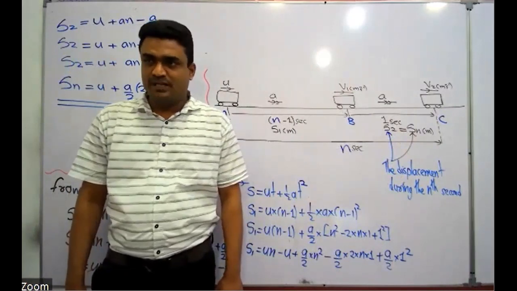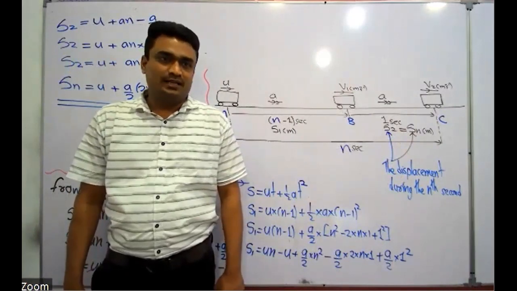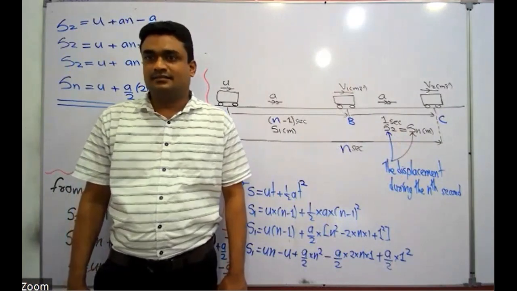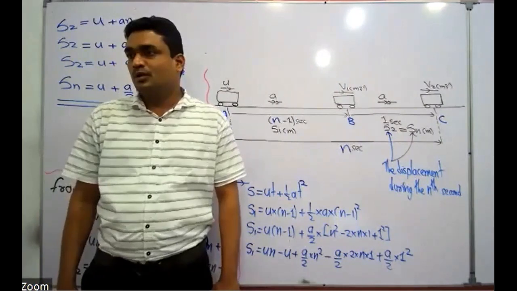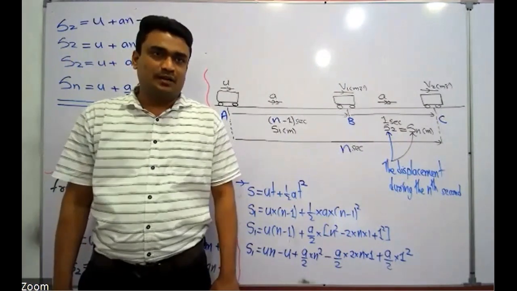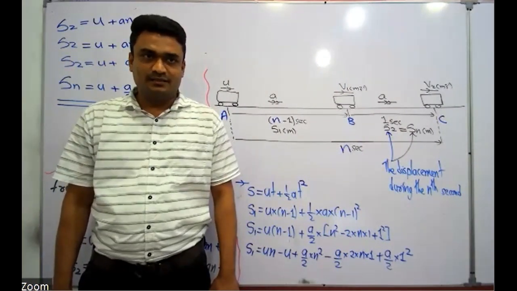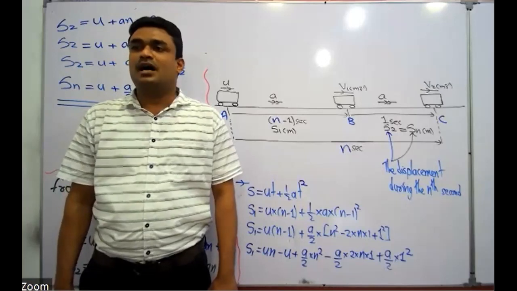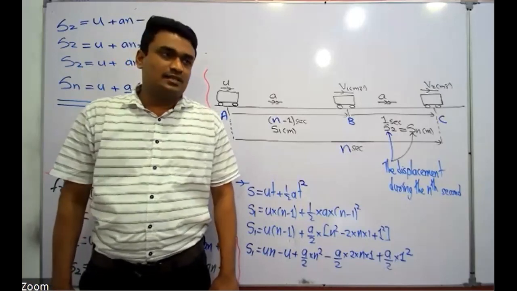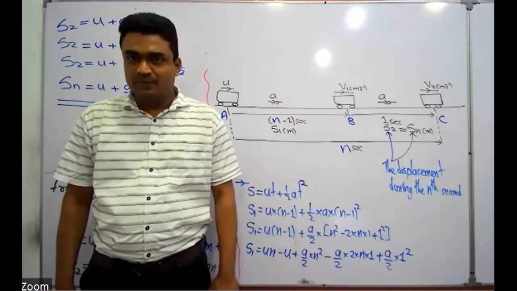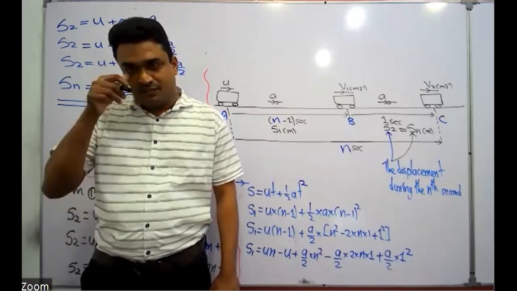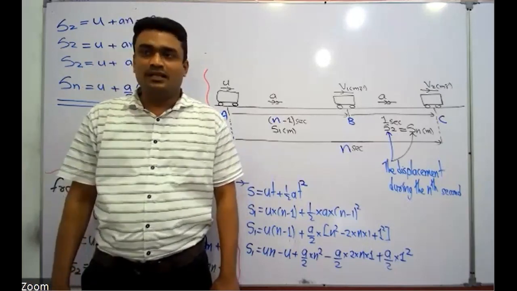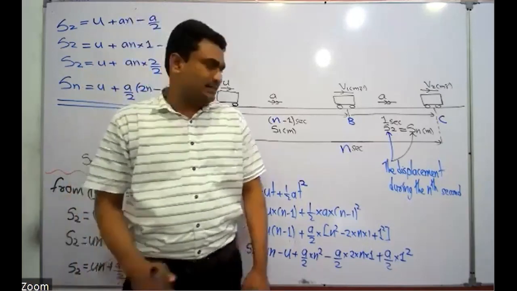Find its displacement during the 3rd second. An object starts to move with a velocity of 3 meters per second along a straight path with a constant acceleration of 2 meters per square second. Find its displacement during the 3rd second.